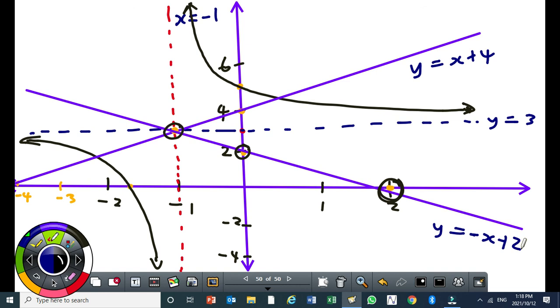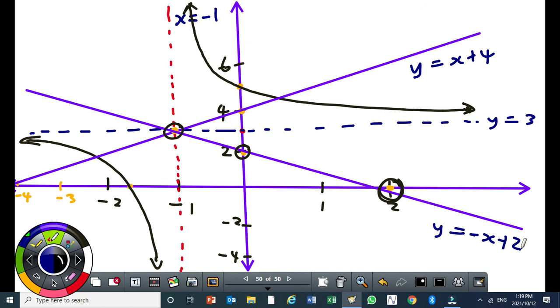You can say, okay, I don't want to interpret it that way, but it looks like the x and y intercepts are opposites in terms of signs. When the y-intercept is positive 4, the x-intercept is negative 4. When the y-intercept is positive 2, in this case both of them are going to be positive. You see that now. In the case of the one with the negative gradient, both the x and y intercepts are positive too.